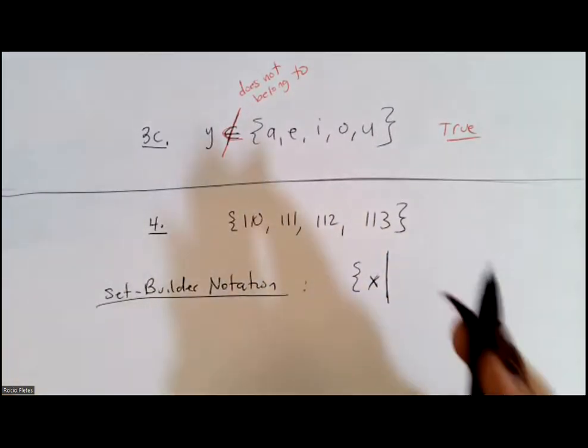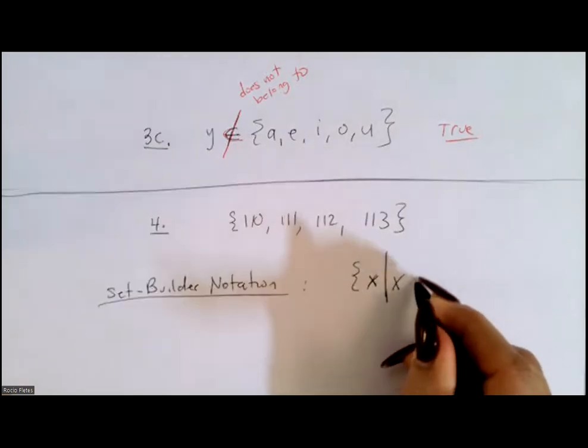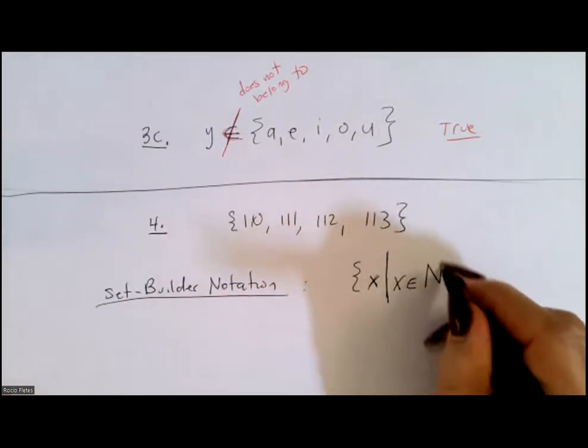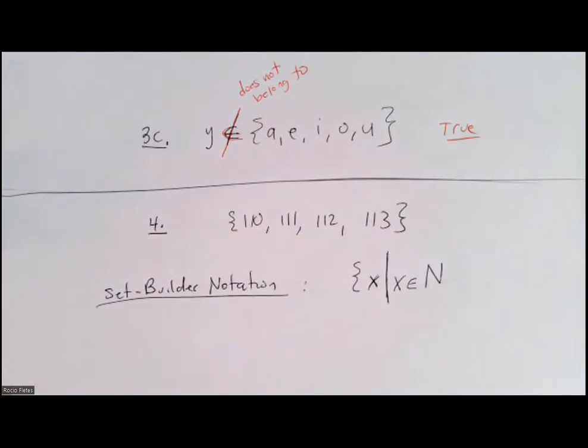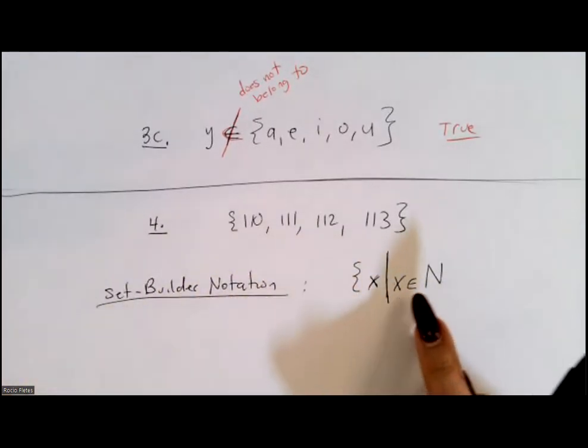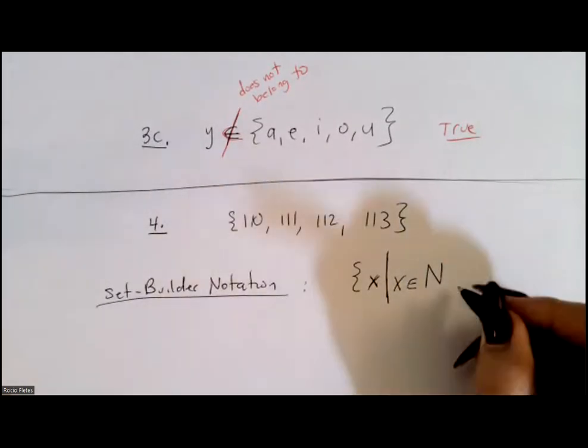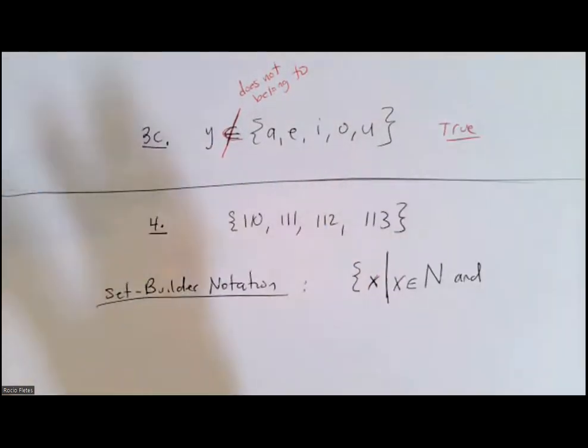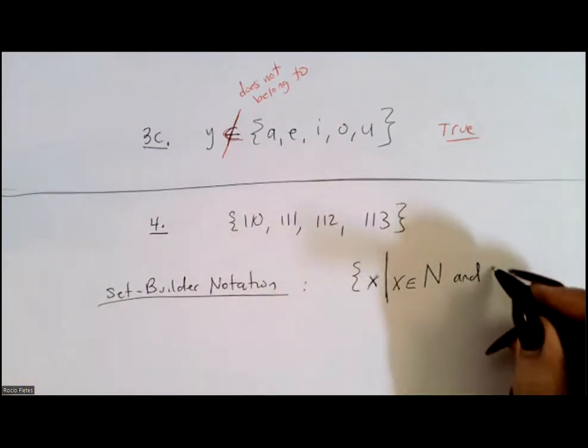So what is the set? Well, X is a natural number. Remember how we write that? X belongs to N. X is a natural number, then we can write it using set builder notation like this: X belongs to N, and X is between 109 and 114, but not including those numbers, right?